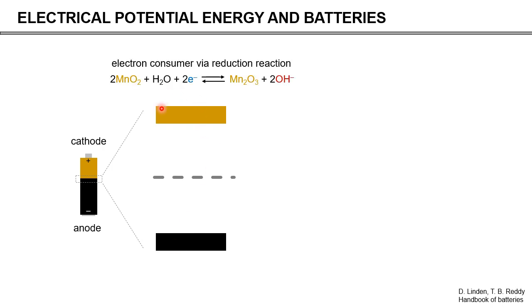On the positive side, we're going to have so-called reduction reactions that basically consume electrons, and they produce negatively charged hydroxyl groups.